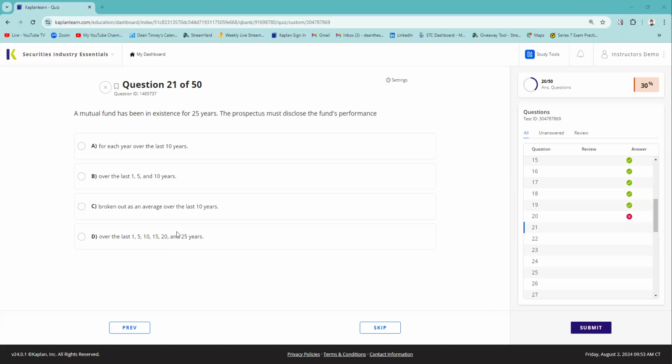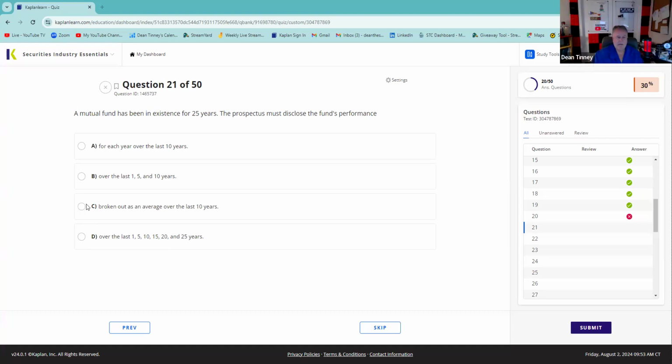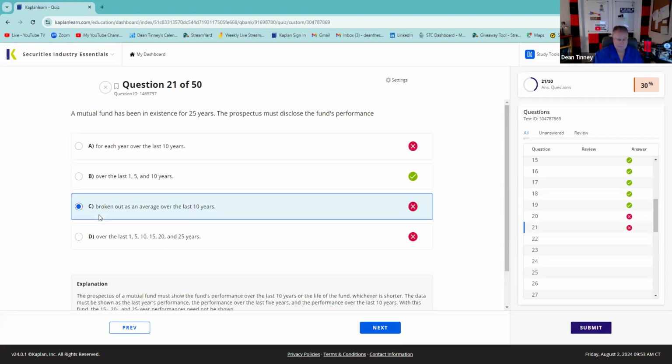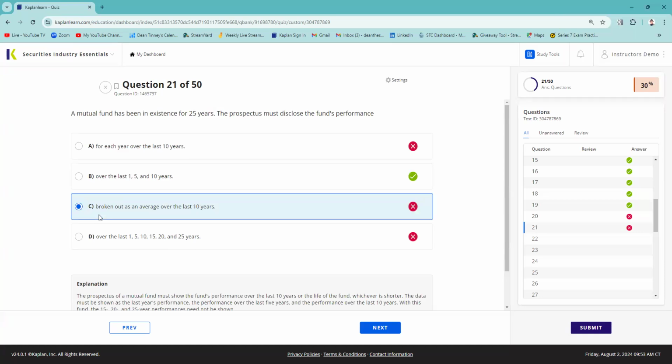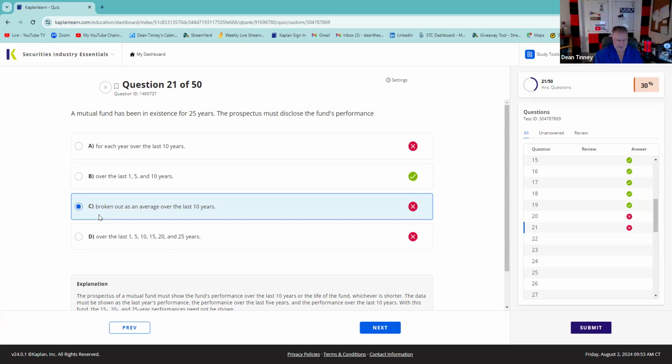Broken out as an average over the last 10 years. I'm going to go with C. It's actually B. B. That's interesting. Okay, that's it. Yeah, I knew that. I don't think you're going to see that, but it's definitely something.